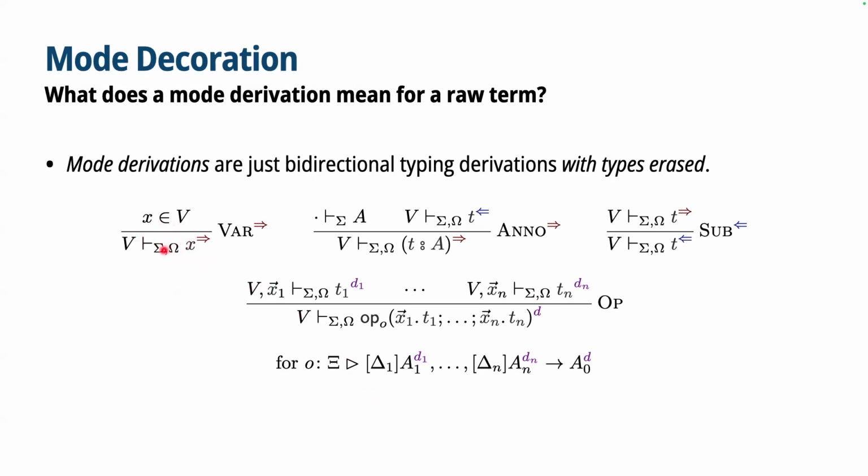We just say, if the variable x is in the context, then we assign the mode synthesis to this term. If that is a notation, we give the mode synthesis for this one. And similarly, we can do this for other judgments, like the operations or other constructs.